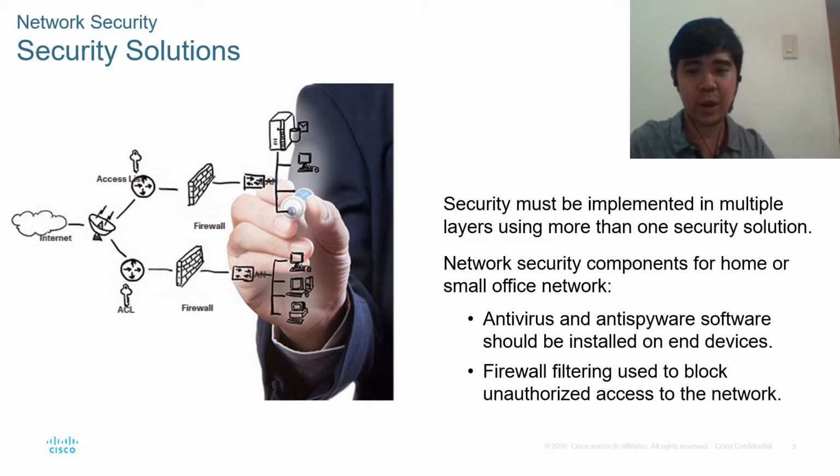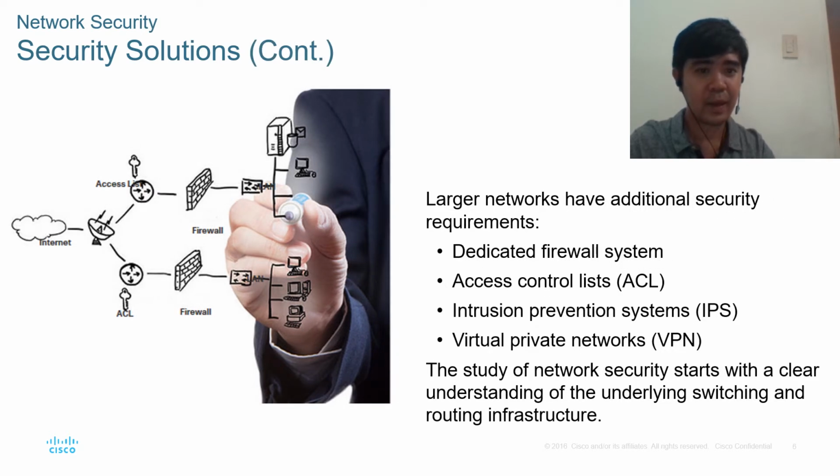Better also for our end devices to enable and configure our host-based firewall. Again, in a large network, better to have a dedicated firewall system. Better to configure our access control lists. We'll discuss these access control lists in the second course, Cisco 2.